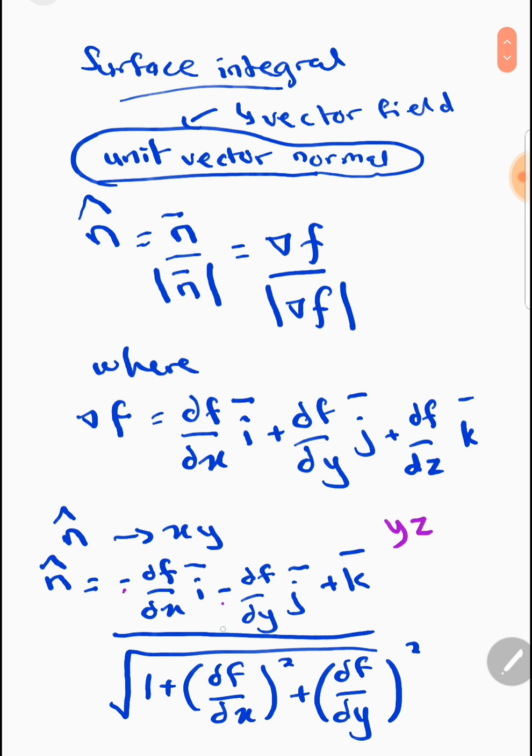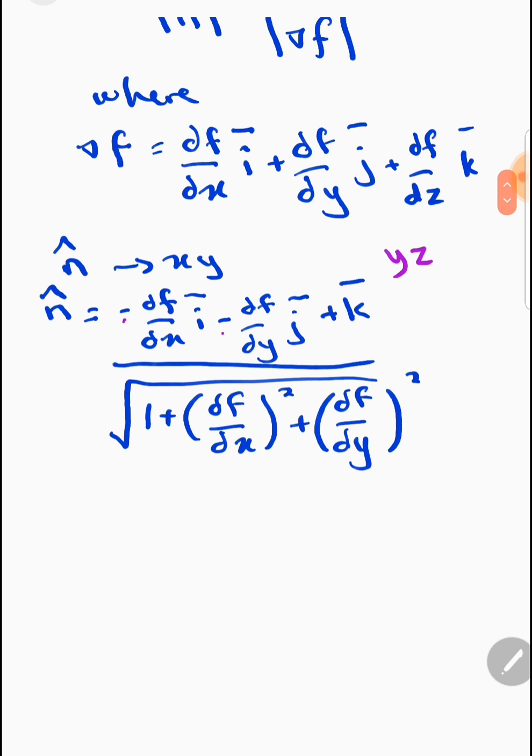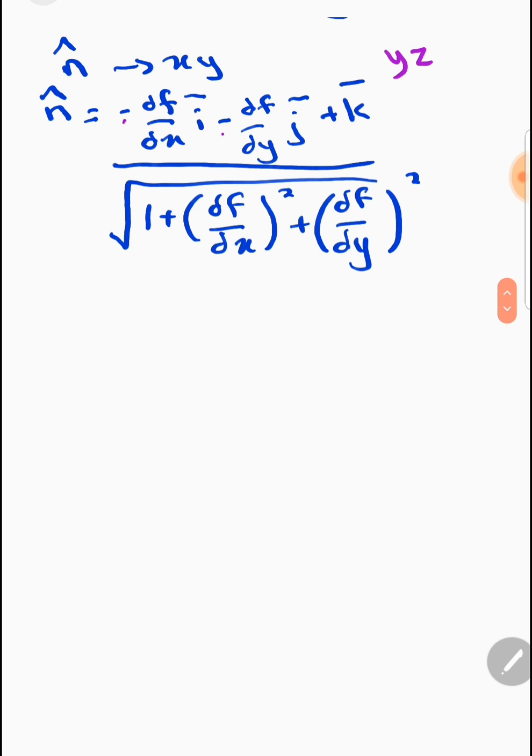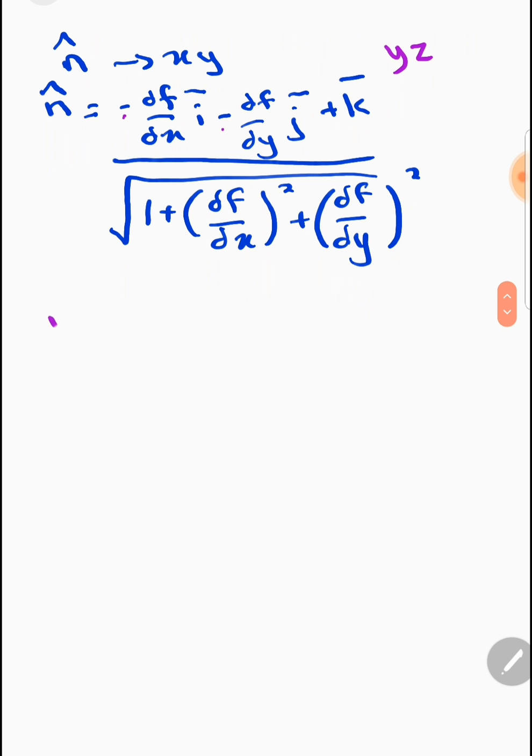So again, it's the same thing actually. I'm just going to scroll up here a little bit, and I'm going to write it in purple. If it is on a yz plane, then see how it actually changes here.